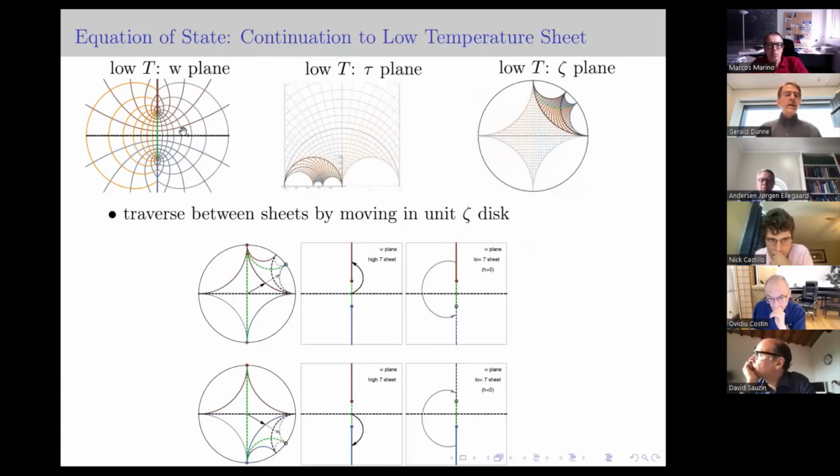So here in the W plane, the low temperature sheet has just one cut. So I've normalized here to go from i to i times infinity. This is just the image of where that other branch point would be. And under that same uniformizing map, this guy ends up not here, that was the image of the high temperature plane.